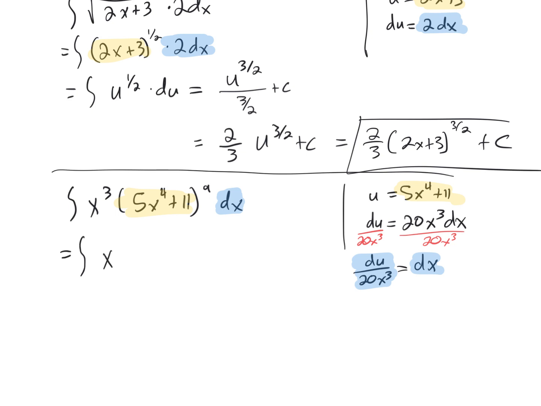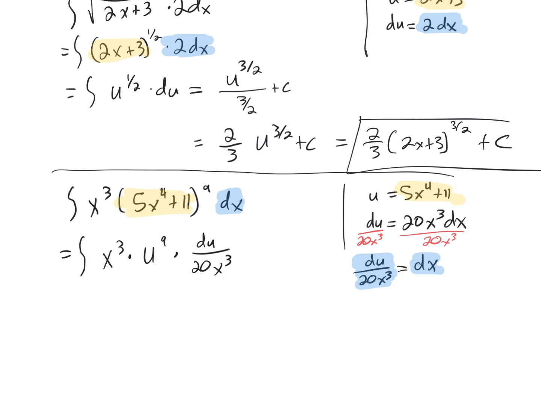So this is going to be x cubed times u to the 9 times, instead of writing dx, I'm going to write what dx is equal to right here. So dx was actually du over 20x cubed. So you're going to notice that you have u's and x's now, which is not good. We only want to have u's at this point in the problem. But you will also notice that the x cubed is going to reduce in a very nice way.